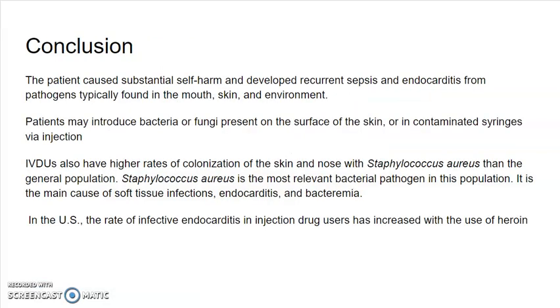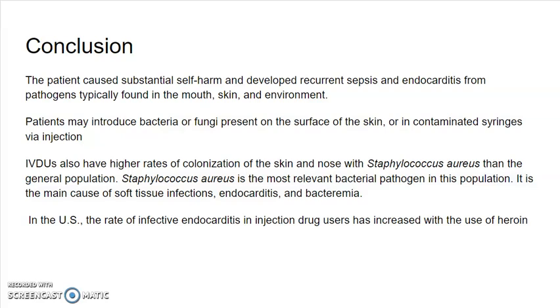So to conclude, the patient developed recurrent sepsis and endocarditis from their intravenous drug usage and from bacteria and pathogens typically found in the mouth, skin, and environment. Intravenous drug users also have, which is interesting, higher rates of colonization of the skin and nose with Staph aureus than the general population.